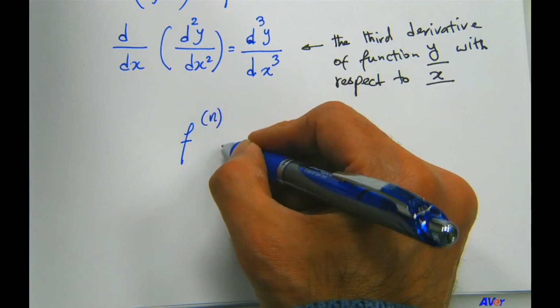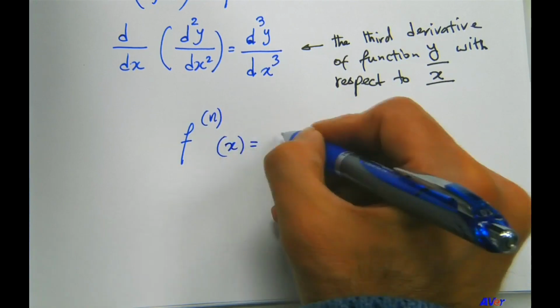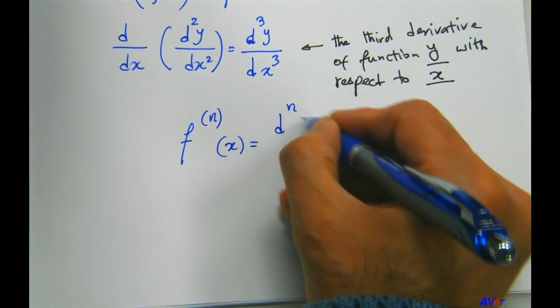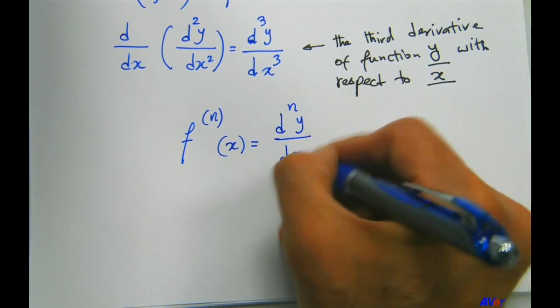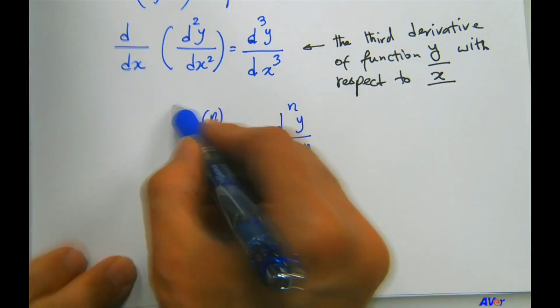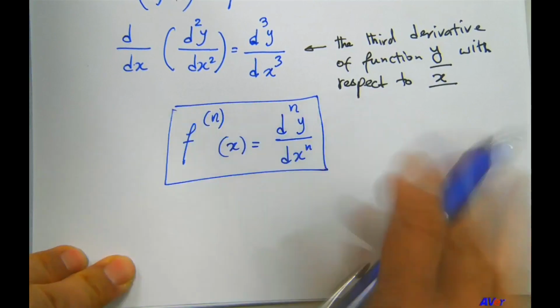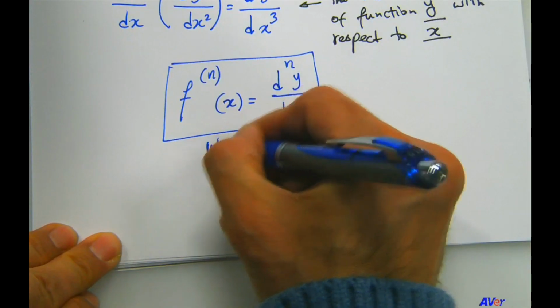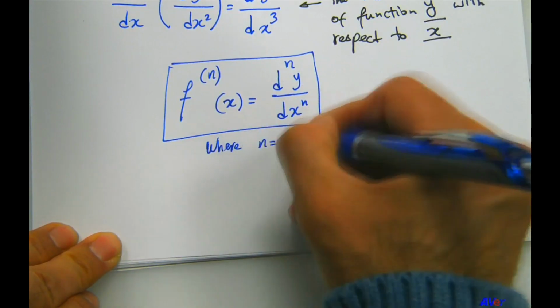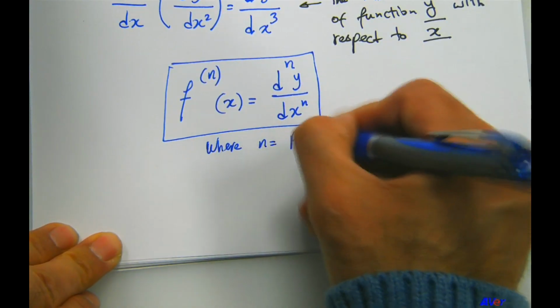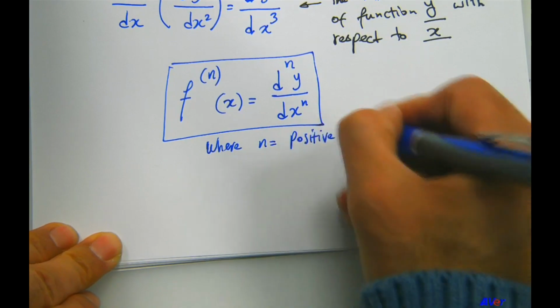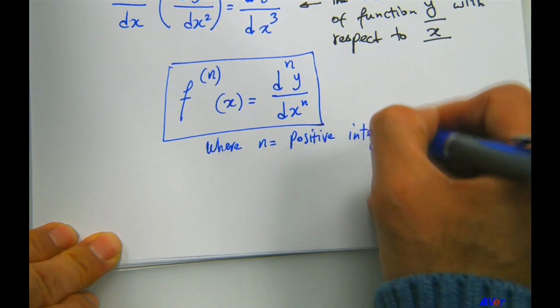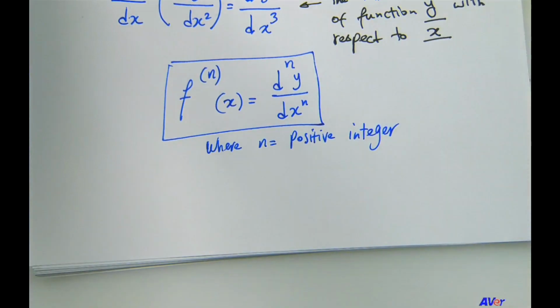So f of n of x is equal to d n y over dx n. So this is just the same thing but generalized, where n is a positive integer. Okay, like that.